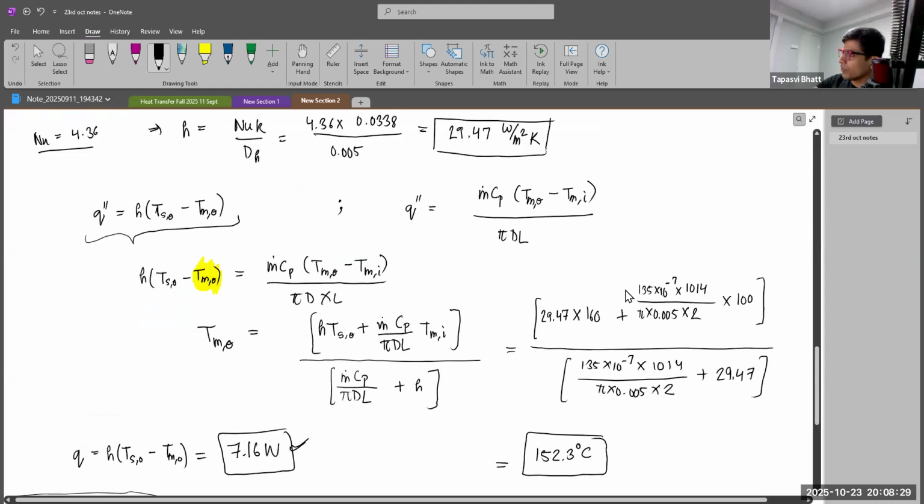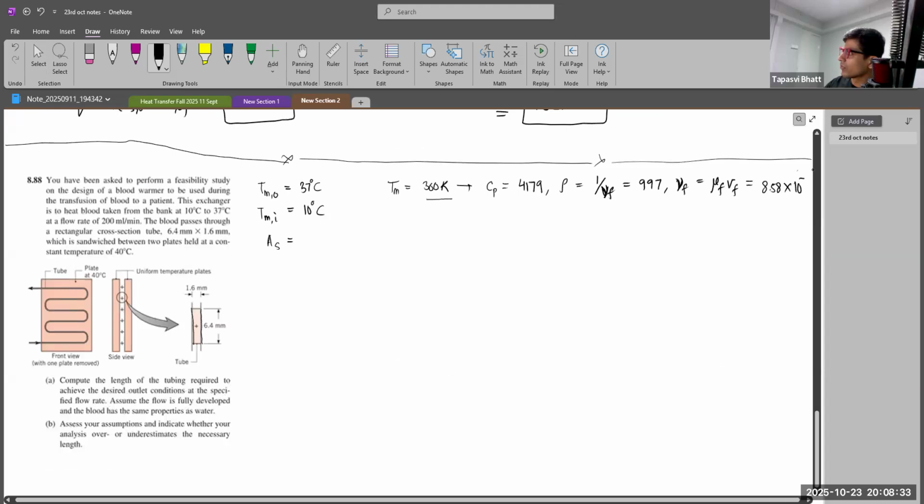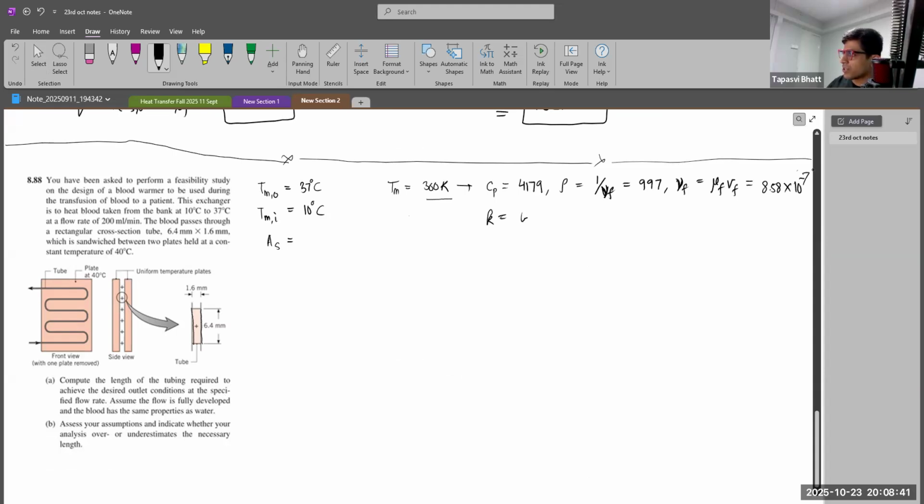And thermal conductivity k is 0.613 watt per meter Kelvin, and the Prandtl number is 5.83.